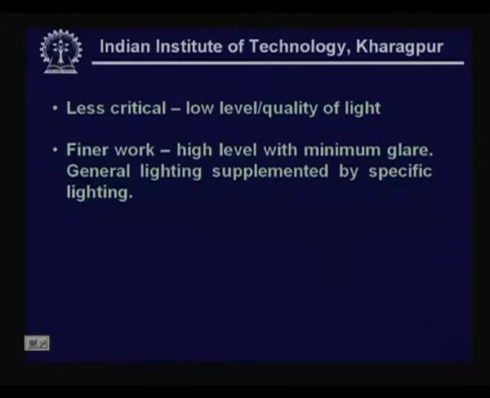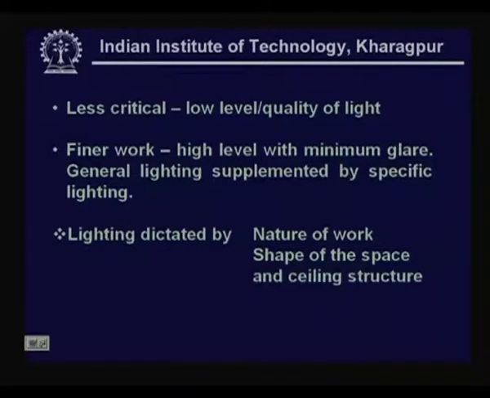As we have been telling, this is in addition to the general lighting required for the movement of people, and hence, as emphasized several times, the lighting requirements are dictated by the nature of work, shape of the space, and the ceiling structure. Actually, we are quite used to having lights brought from the roof or the ceiling, and any light which goes to the ceiling, if not fully reflected, goes waste. So the ceiling structure is of great importance.